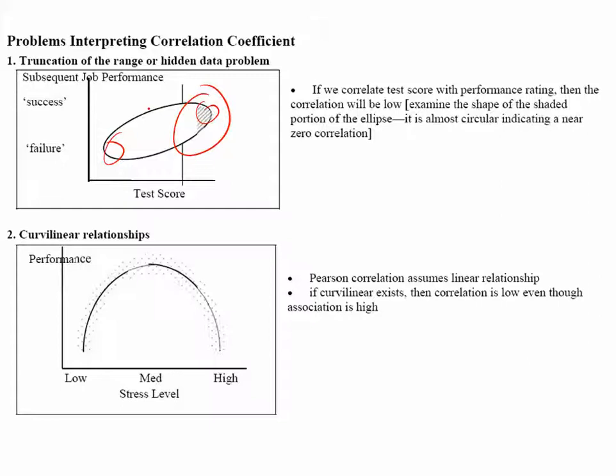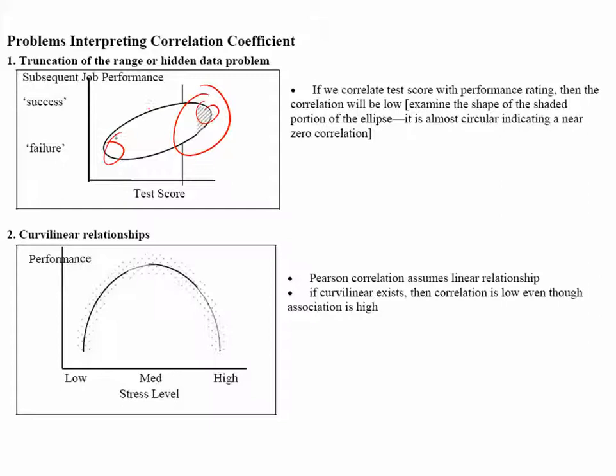Commonly, all of the students that go to those institutions are considered themselves A students. So it's very difficult for the instructors to differentiate between truly an A student and a B, C, or D student. So when we have this truncation or range problem, we have difficulty interpreting the correlation coefficients, especially if we have only selected the upper end of that scale.